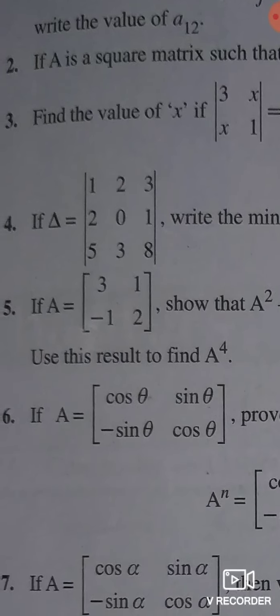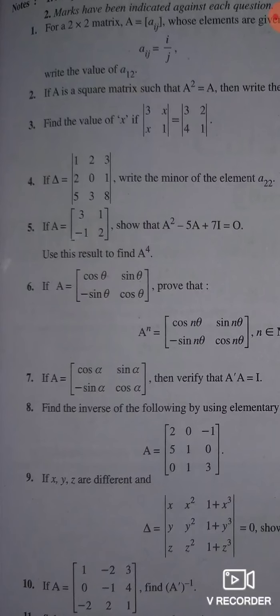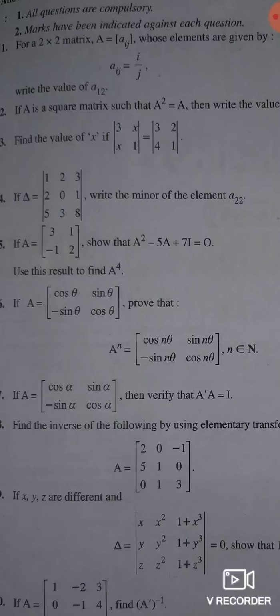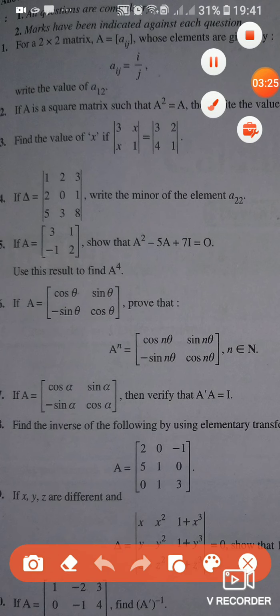Question number 4. If delta equal to a determinant of order 3 by 3, write the minor of the element A22. You will write the minor of the element A22, meaning you will leave out the second row and second column.